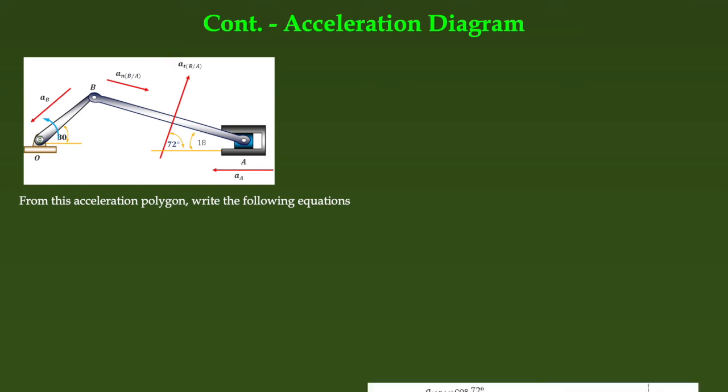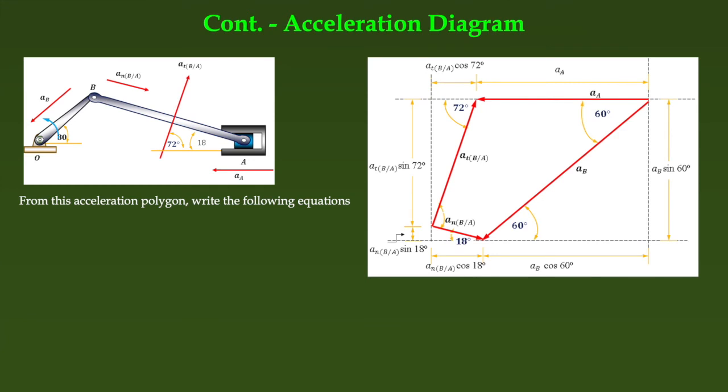So let's draw the acceleration diagram. As I have told you, NBA is the normal component along the link. It is parallel to the link. The tangential component is perpendicular to the normal component. So the tangential component is this. It is perpendicular to the normal component, this angle is 90 degree.